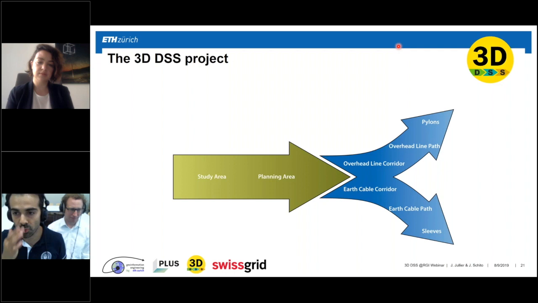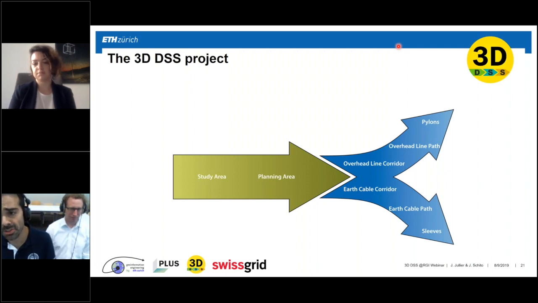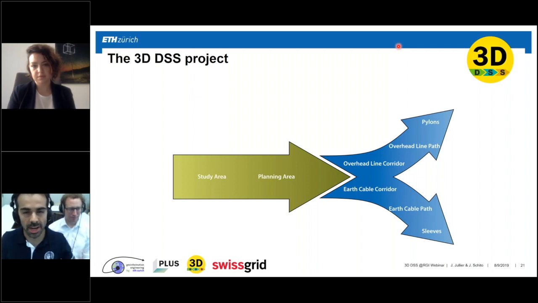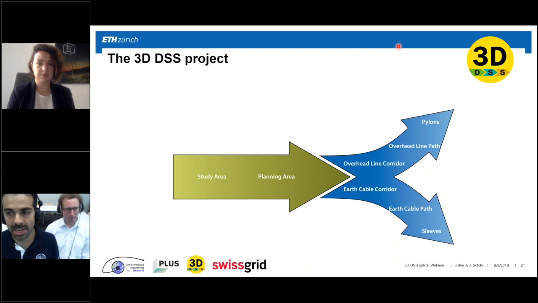We are right now able to compute the whole overhead line section up to the very exact pylon's position, which takes a bit of computing time, and is thought for the end phase of this decision-making process. On the other hand, we are currently working on combining both approaches, the overhead together with the earth cable approach, in order to compute also reliable and realistic earth cable corridors. And we are working on the lower branch right now.